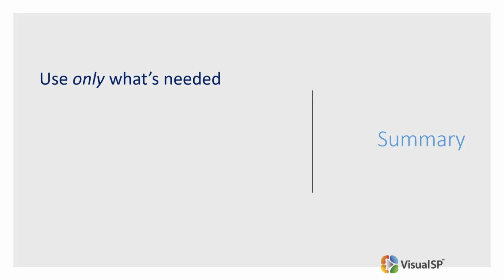In summary, my advice to everyone is: use only what's needed. Don't overwhelm your users by providing them too much content. You want to eliminate redundant systems and just use the things that they need, and provide very specific guidance. My advice always is to provide contextual guidance.